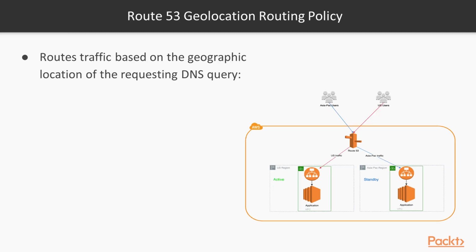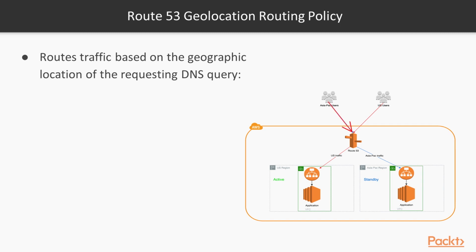All right, the last policy, geolocation routing policy. With geolocation, you route traffic based on the geographic location of the requesting DNS query. So here again, we have Asia Pacific users, or Asia Pac users, and US users. And we have a US region and we have an Asia Pacific region.